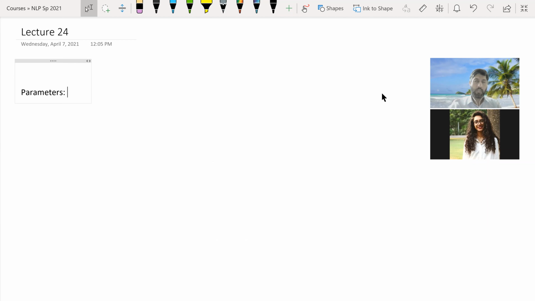Those parameters are basically your Ws, which are matrices, and your bias vectors B. And of course, if you talk about a recurrent network like GRU, Ws would be WA, WY, WU, WO, WF. So all of these would be Ws that are used. And if you have a deep feed-forward network, of course, for each layer, you will have a different W.